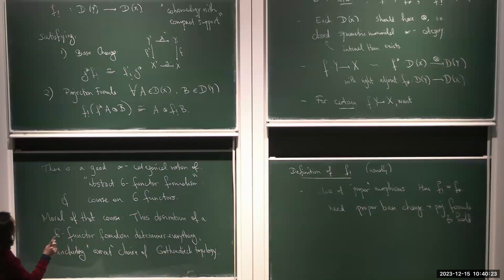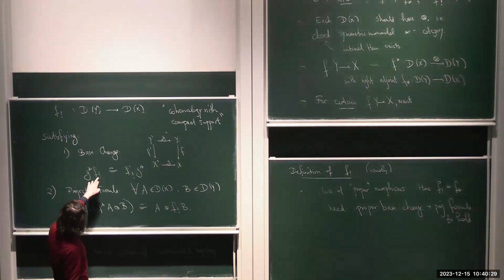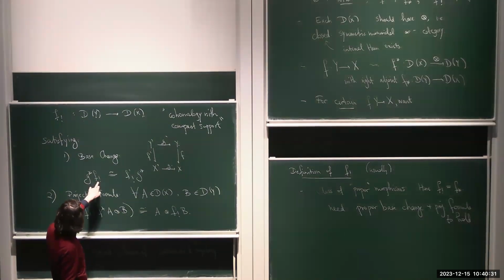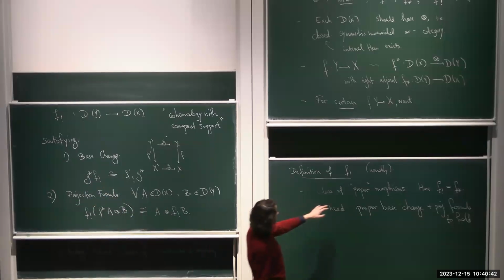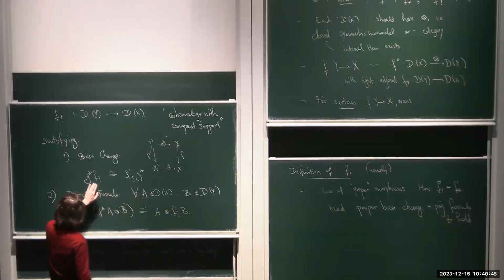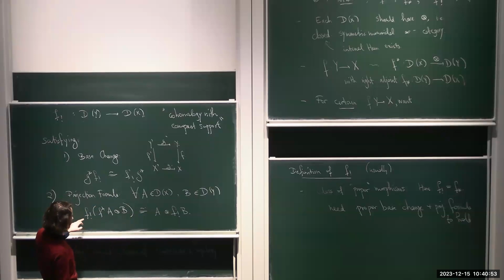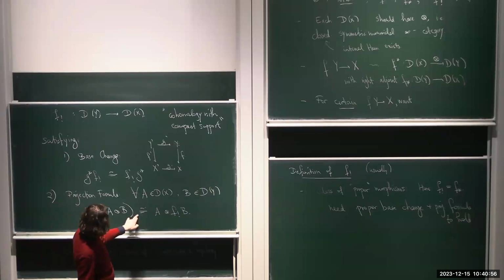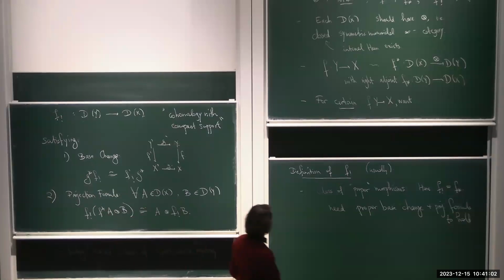But this time, you're in a slightly better situation because when you take this to be f lower star, then there's actually always a natural base change transformation. And so then here, I'm not supplying data, I'm just asking conditions. So when you want to declare the morphism to be proper, and so f lower shriek to be f lower star, there's something you can simply check: whether the natural base change transformation is an isomorphism in the case of this morphism f. And similarly, for the projection formula, there is a natural map from here to here, if you think about it, when this is f lower star. So these are just conditions.